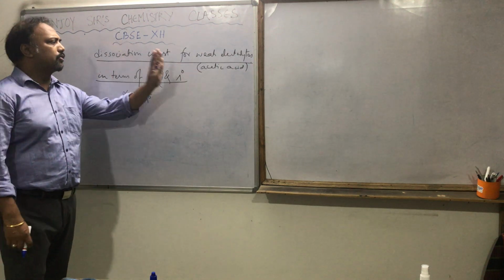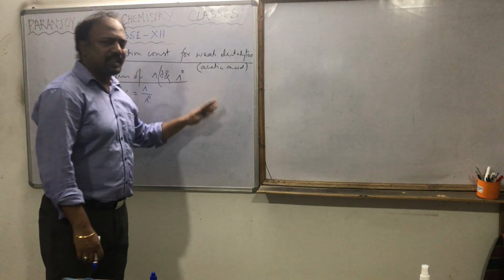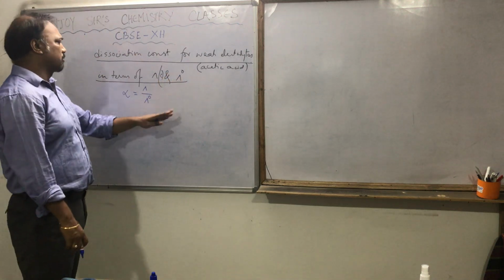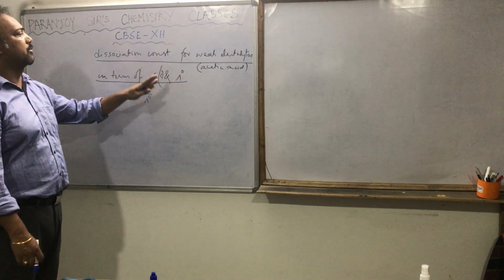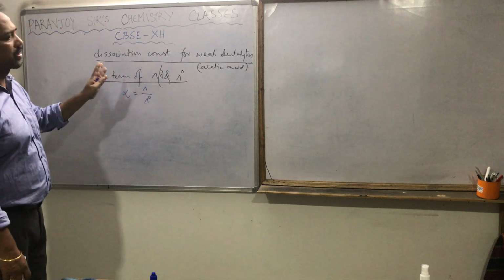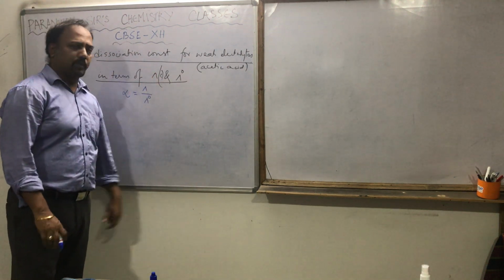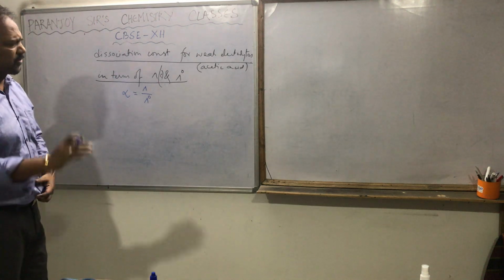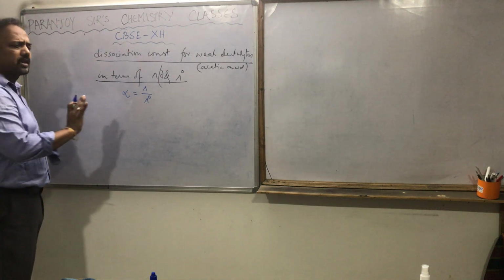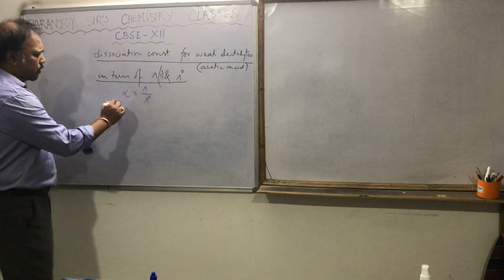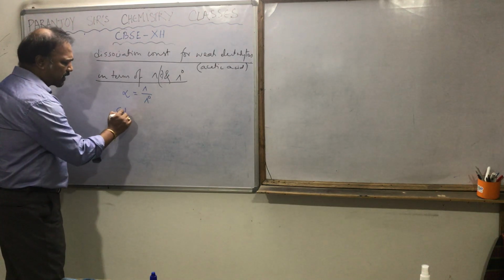Now we are going to deduce the expression of Kc, the equilibrium constant, or you can say the dissociation constant, in terms of lambda and lambda 0. The first part of it you have already done, the second part is just a simplification. So let us write down how it is dissociated.